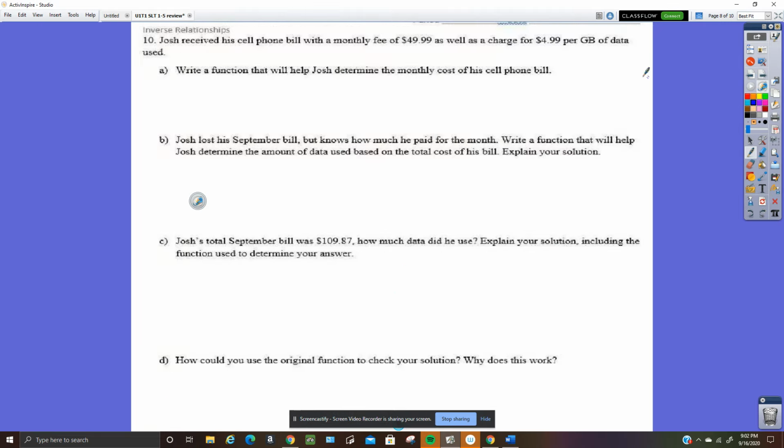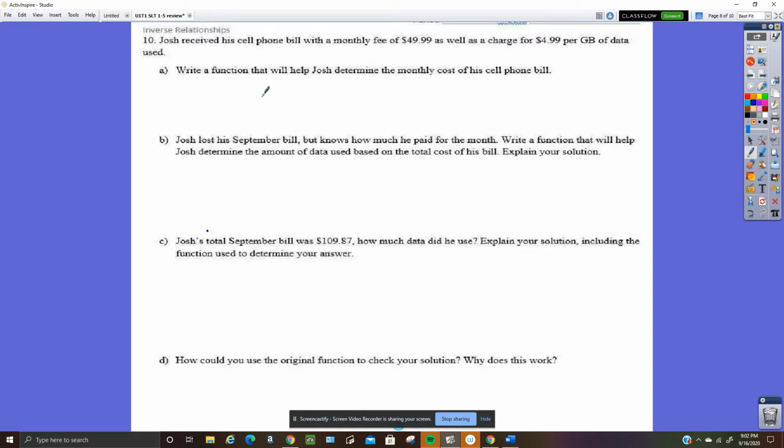And then the final problem here. Write a function that will help Josh determine the monthly cost of his cell phone. He gets a monthly fee of $49.99 and is charged $4.99 per gigabyte.